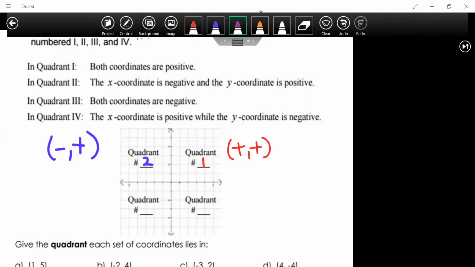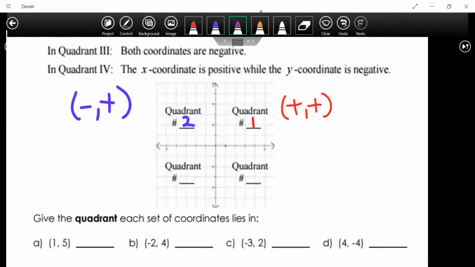That's quadrant 2. Quadrant number 3 is your negative, negative. Looks like a little owl. And our last one, quadrant number 4, is positive and negative.